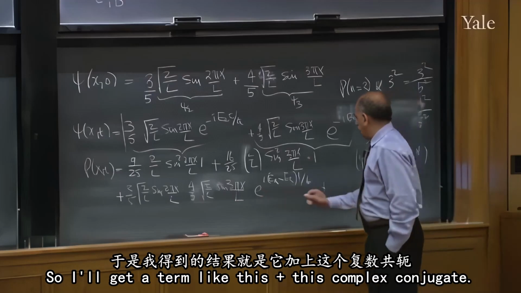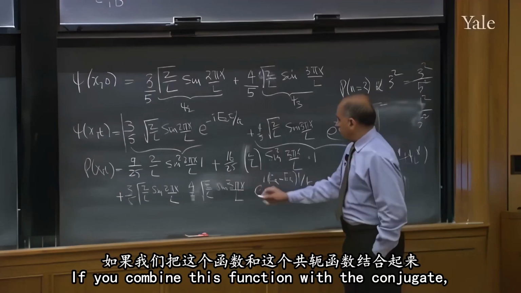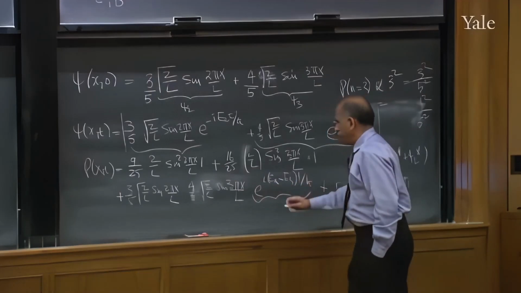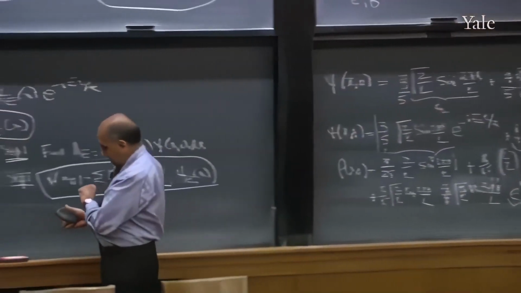So I'll get a term like this plus this complex conjugate. I don't want to write that in detail. If you combine this function with the conjugate, you'll find this plus the conjugate will give me a cosine.